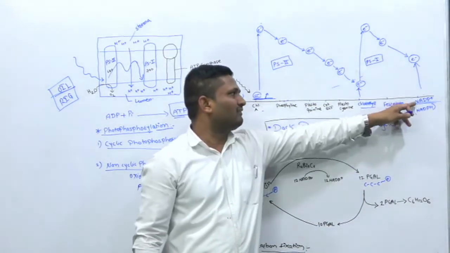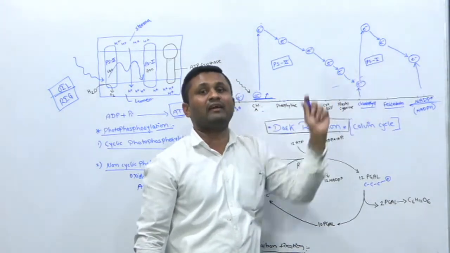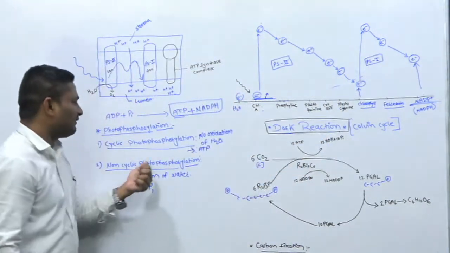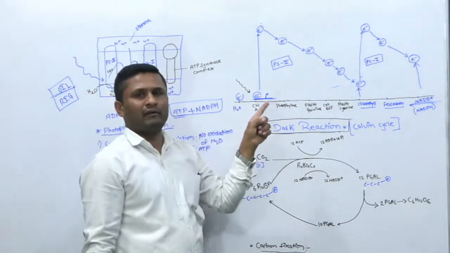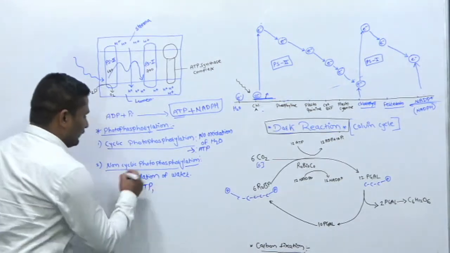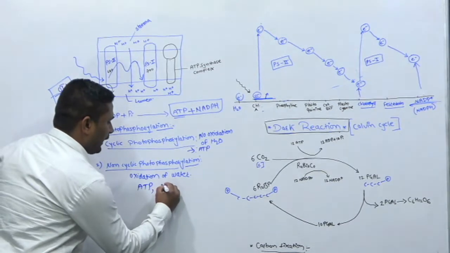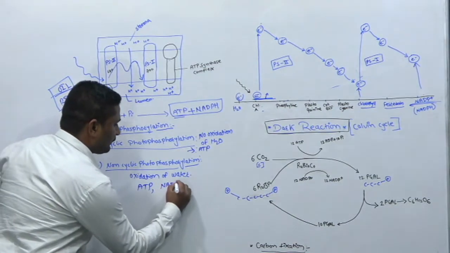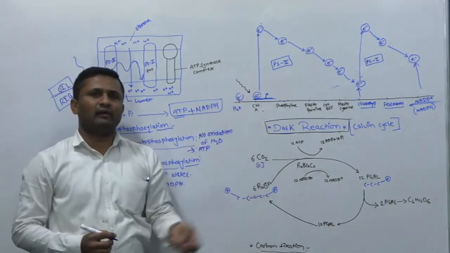Because NADP plus is acting as the final electron acceptor in the non-cyclic photophosphorylation. So this electron is not coming back, and that's why we called it non-cyclic photophosphorylation. So the byproducts of non-cyclic photophosphorylation will be ATP and NADPH, along with oxygen getting released.